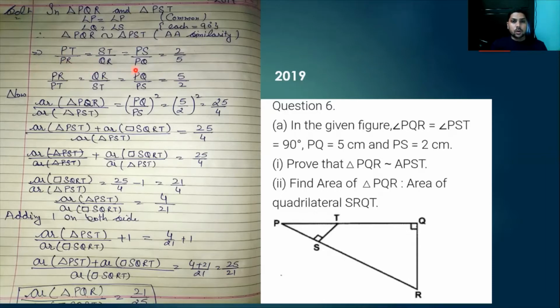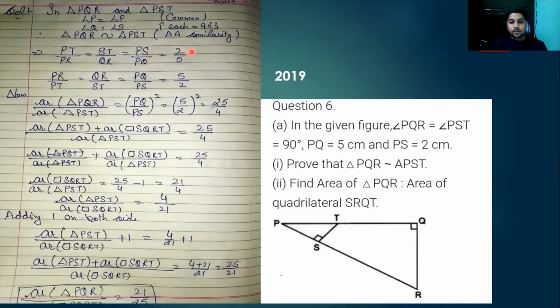Writing the corresponding sides of the two triangles, compare the side opposite to angle P, which is equal to ST and QR, the sides opposite to angle S and angle Q, which is 90 degrees, which is equal to PT upon PR. Similarly, for the last angle T, we have PS upon PQ.